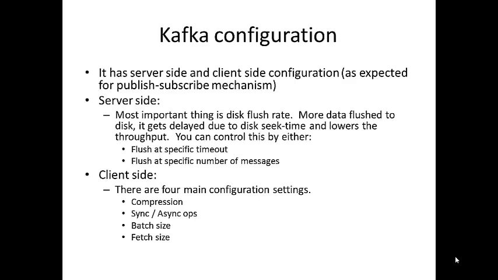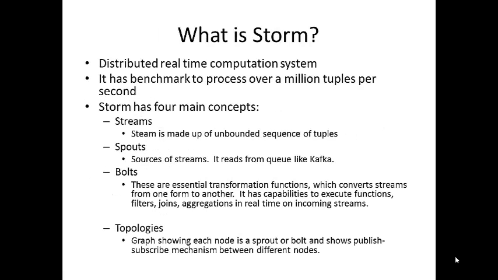You can flush the data, and there are two ways you can do that: a specific timeout or a specific number of messages. On the client side, there are other settings, such as how much compression you want to do, or whether it's a sync or async operation. It's pretty interesting in that area. And there is a batch size and fetch size. So that's the configuration for Kafka.